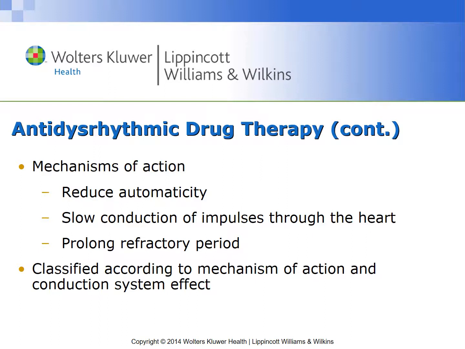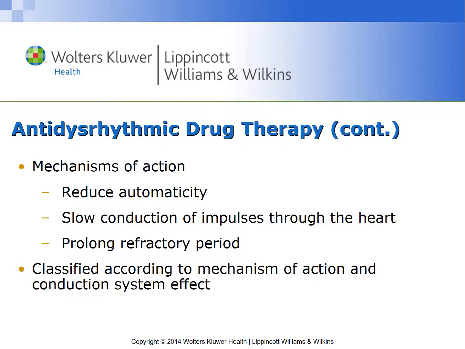So again, the heart's ability to transmit electrical impulses is what conduction is. So it'll slow that down. And then it can prolong the refractory period. And that's the period immediately following the passage of the nerve impulse or the contraction of a muscle fiber.